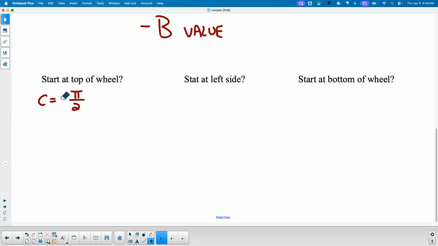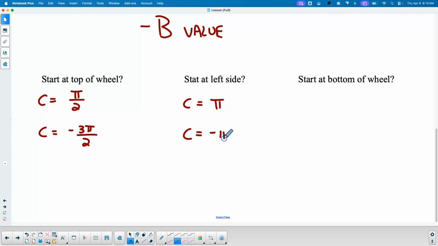Or here, our c value could be negative 3 pi over 2. That will also get me to the same spot on top. Pi over 2 here on the unit circle is straight up. If I went the positive direction, if I go the negative direction, it takes me to that. If I'm at the left side, my c value would be positive pi or negative pi.